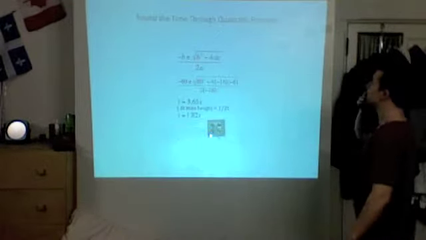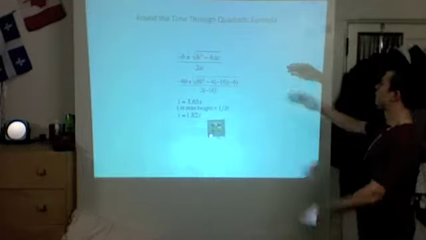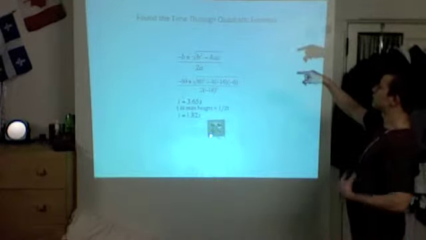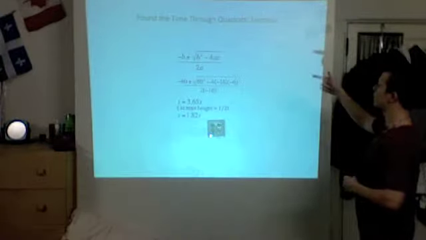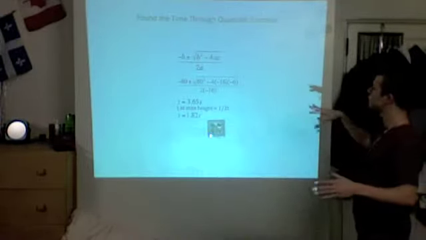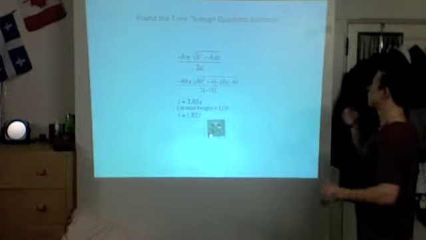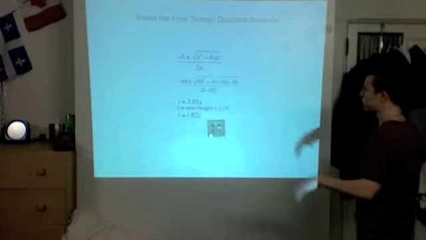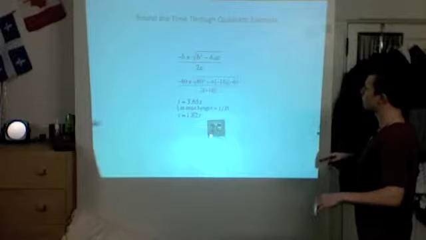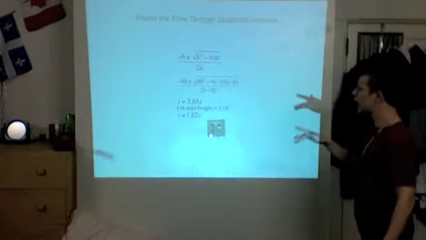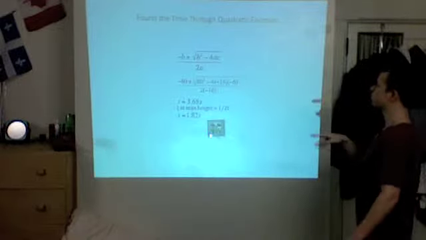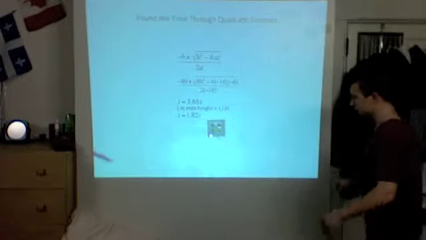Now, finding the time through the quadratic formula. Quadratic formula up top: negative b plus or minus square root of b squared minus 4ac, over 2a. That's your formula right there. Once you plug it all in, negative 60 plus or minus root of 60 squared minus 4 times negative 16 times negative 6, over 2 times negative 16.